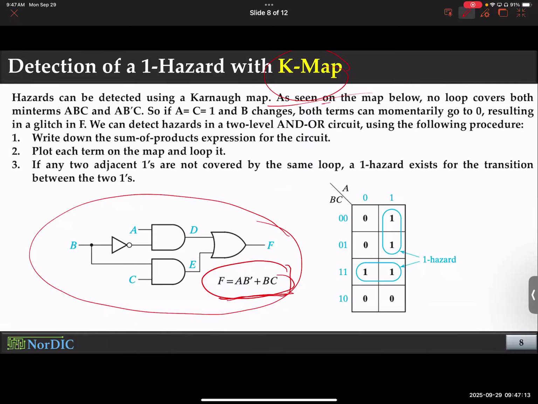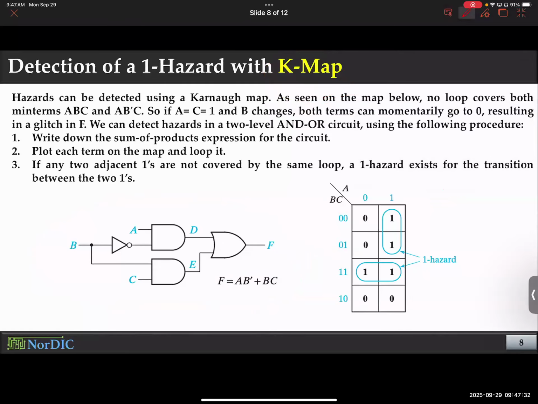So if you are given a functional outcome, how can you convert that to a K-map? You may not remember it off the top of your head, but you know this. I taught you, so just revise that. We can convert this functional outcome into a K-map, and what the K-map shows you is a distribution of ones and zeros. How do we group the ones in a K-map, folks?